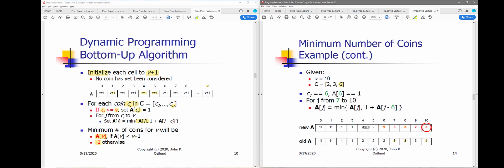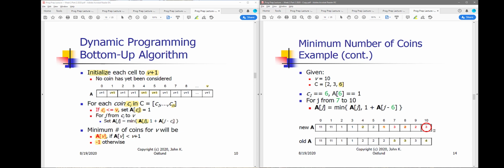Well, a sub 4 was only 2 coins, all right, and so 4 is worse than 1 plus 2, which is 3. So we need 3 coins now to make change for 10 cents using the coins 2, 3, and 6. And it's easy to see what those are. It's going to be 1 6-cent coin and 2 2-cent coins.